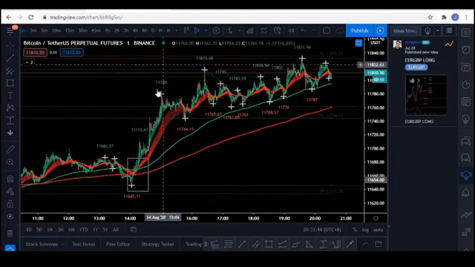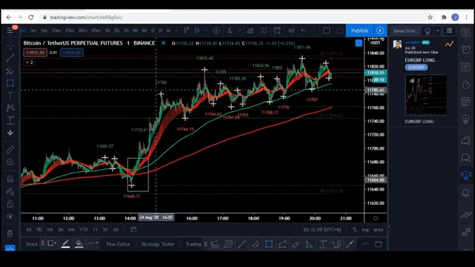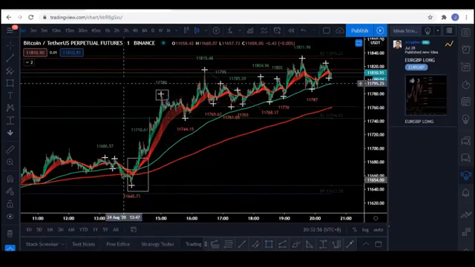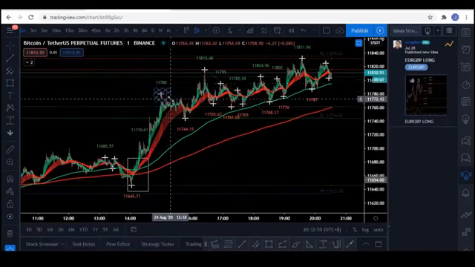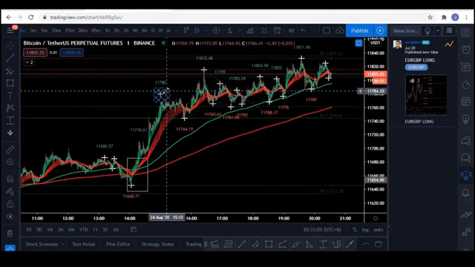And then when to exit? What's your exit plan? When you already see a cross, it means there will be a reversal. This is a 1 minute time frame. Oops, I already see a cross, meaning there will be a reversal in the market. So what you are going to do is exit in this area.